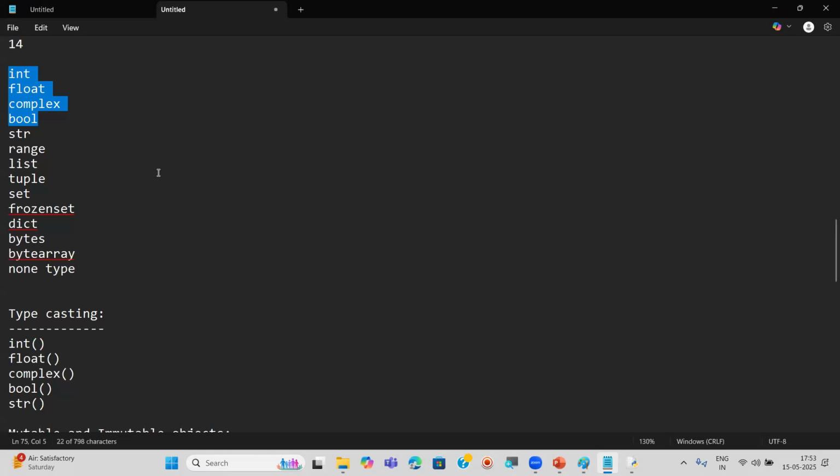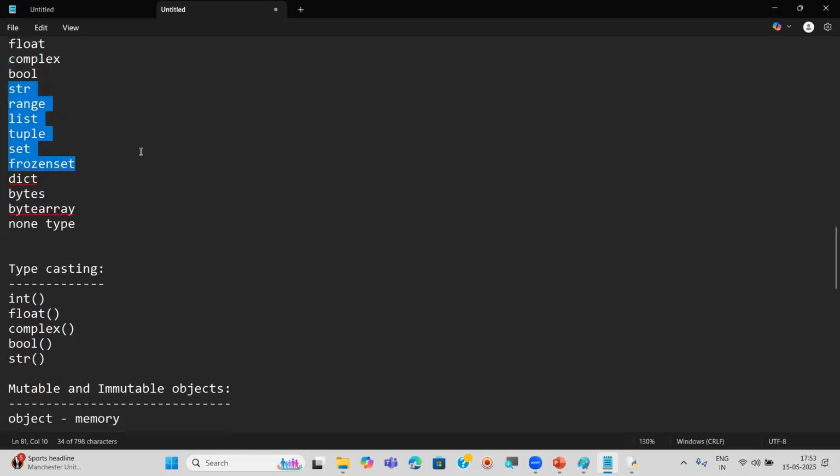Range also has a sequence of values. List is also a collection of values. So these are the remaining, slightly more advanced ones: for example str, range, list, set. These are objects which may contain a single or multiple elements. For example, in quotations, Python: P is one element, Y is one element, like that.